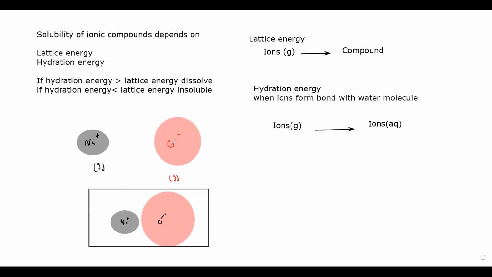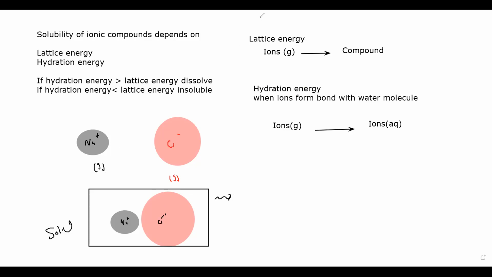There will be a lot of ions, millions or trillions of ions, but we are taking only the simplest ratio of the ions present in the structure. So to form a sodium chloride crystal, the ratio between sodium and chlorine is 1:1. So it will form a solid compound. When this solid compound is formed, as ions come closer to each other, it will release energy, because bond forming is exothermic.